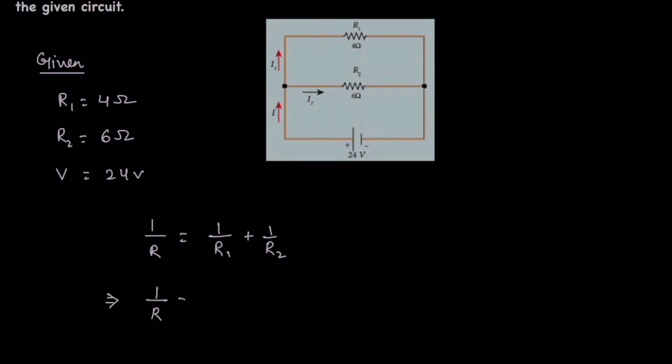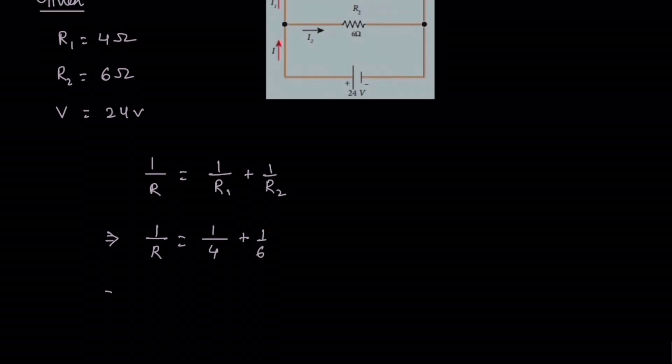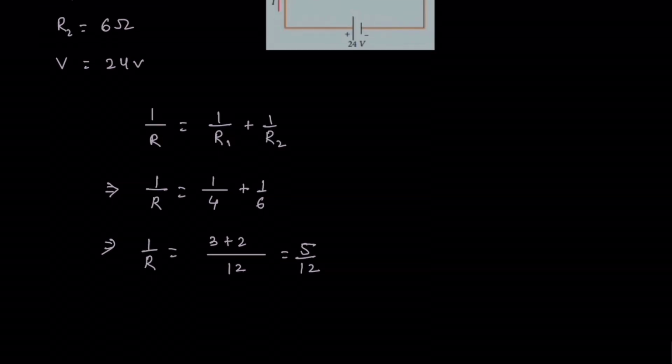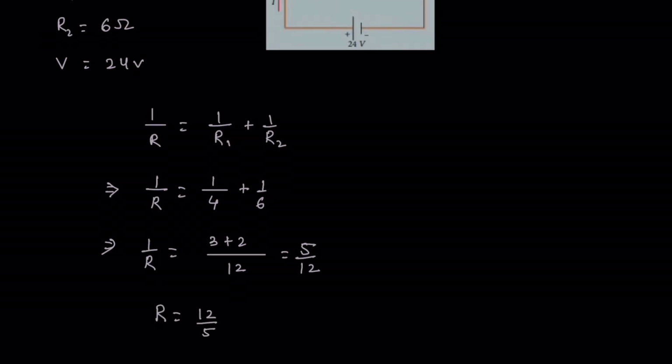So 1 by R is equal to 1 by 4 plus 1 by 6, which is 5 by 12. So 5 by 12 is the value of 1 by R. So R is equal to 12 by 5.